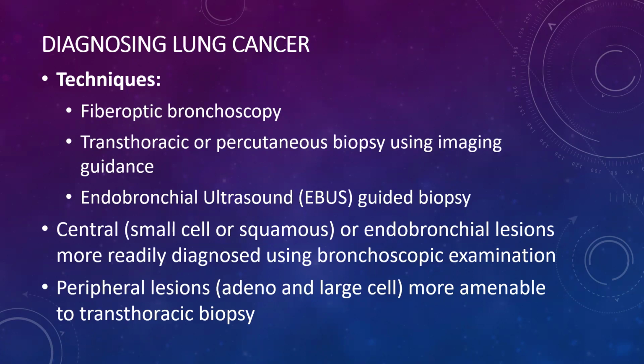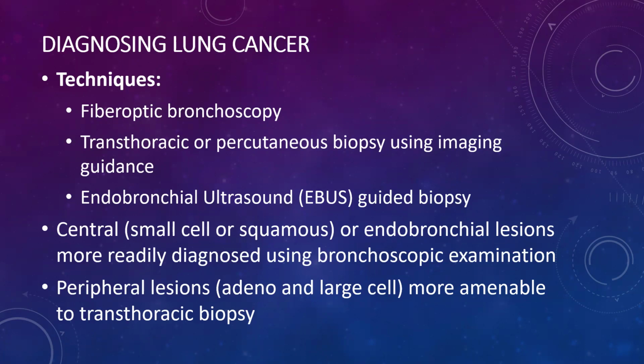So if your tumor is centrally located, so it's found endobronchially within the bronchus or around the bronchus, usually this is seen in your small cell or squamous cell CA, then these lesions are usually more easily diagnosed with a bronchoscopic technique.